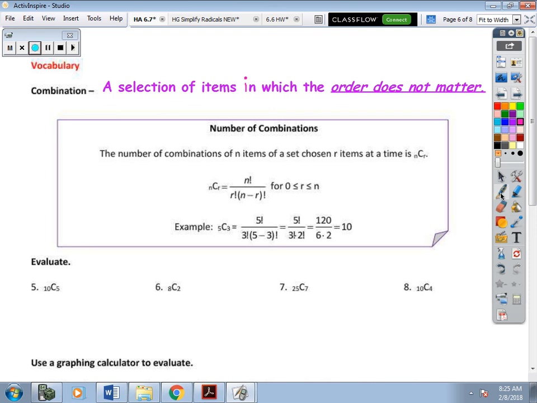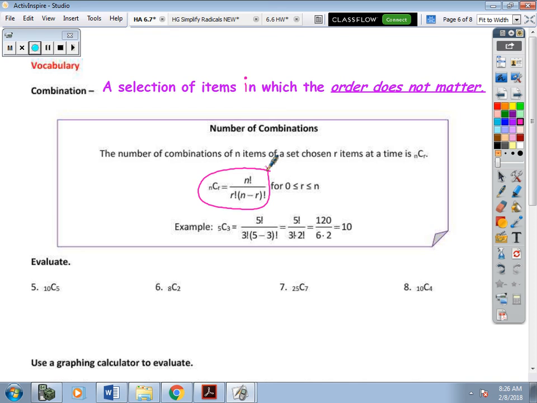Now, for a combination, the formula is a little bit different. The only difference is that in the denominator, we will have an r factorial up front. Okay? So you can see an example they've done here, 5 factorial over 3 factorial times 5 minus 3 factorial. So you end up with 2 factorials in the denominator. You have to do each of those first, then multiply them together, and then divide everything.